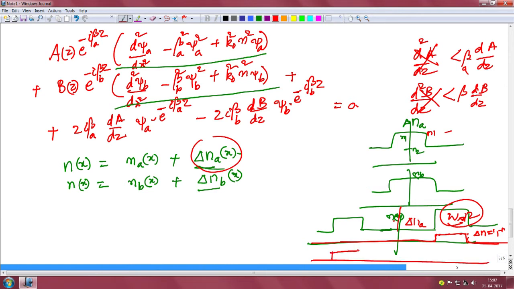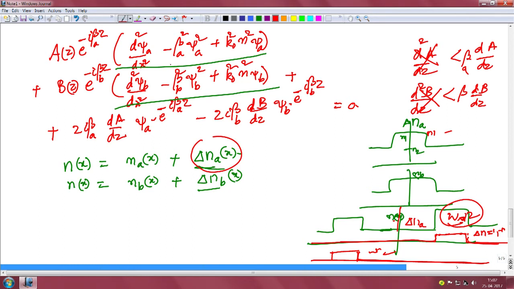In the area of n a it is equal to n1 minus n2, and in all other places it is equal to 0. So, this is called the perturbation to n a, and this can be called the perturbation to n b, and it is occurring only in the area of the other waveguide.